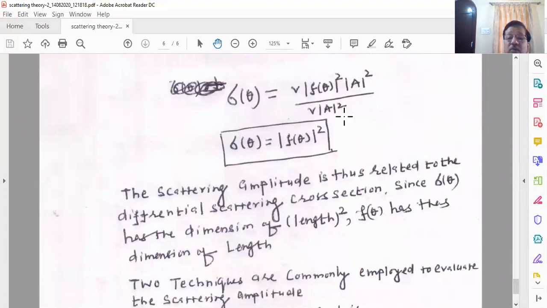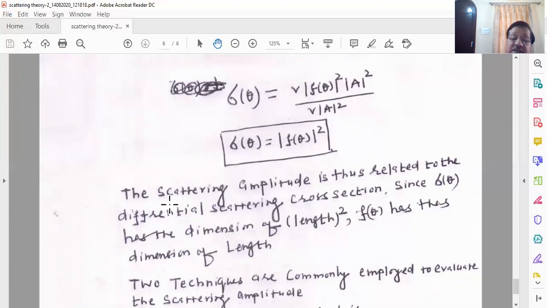Then we can write that the mod square of f theta is related to the differential scattering cross section.